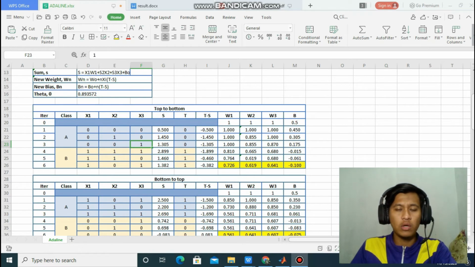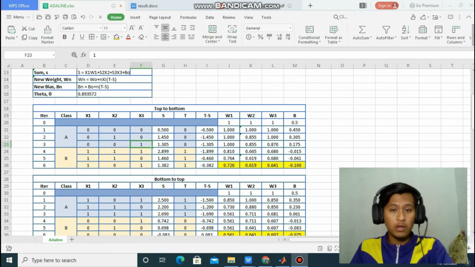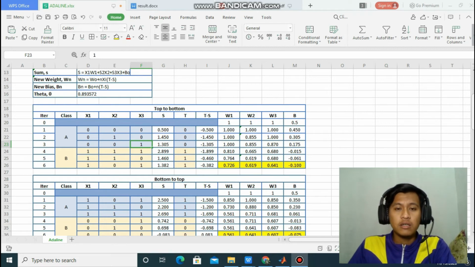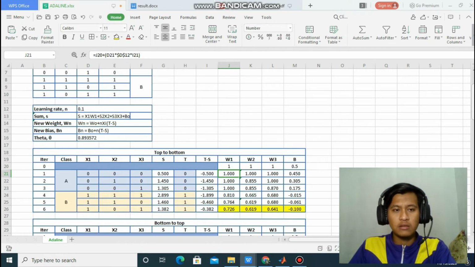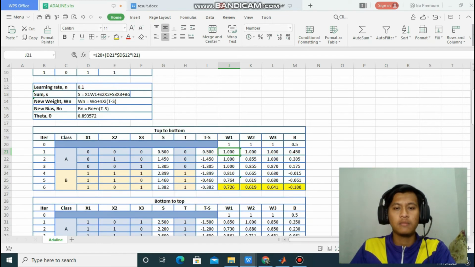To find W1 for the first iteration, the formula given is W new equals W old plus n times xi times theta minus sum, and this formula will be used also for W2, using x2, and for W3, using x3.